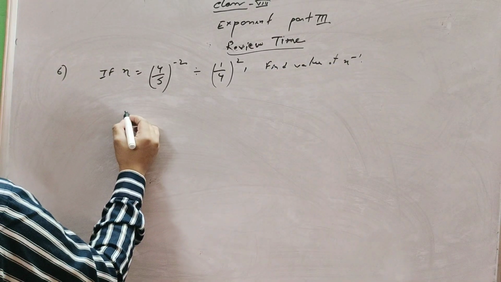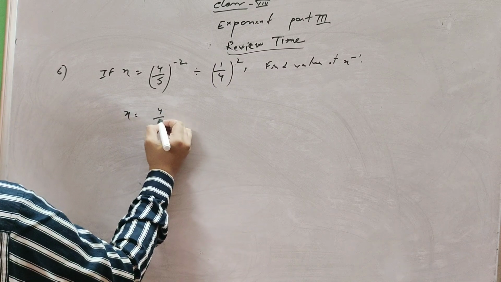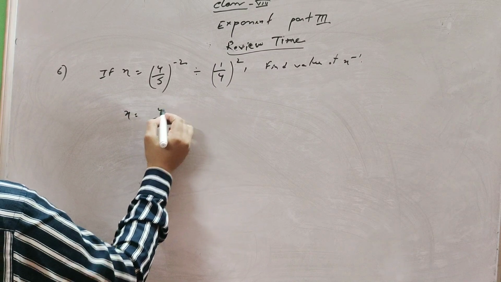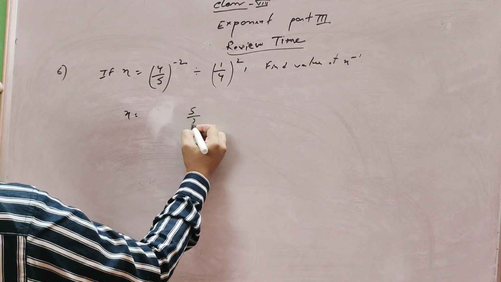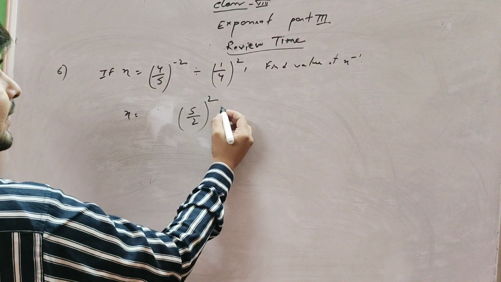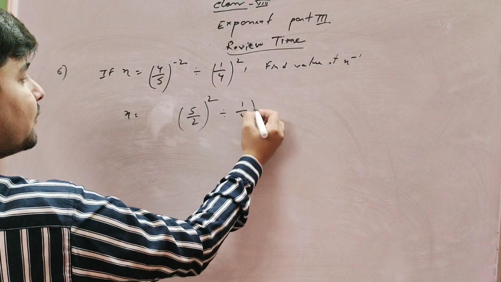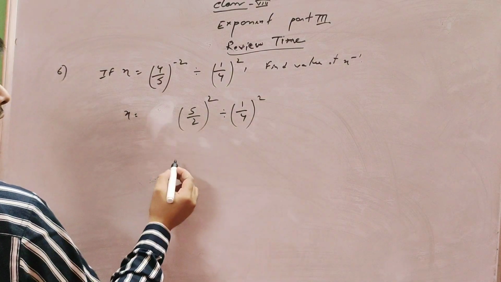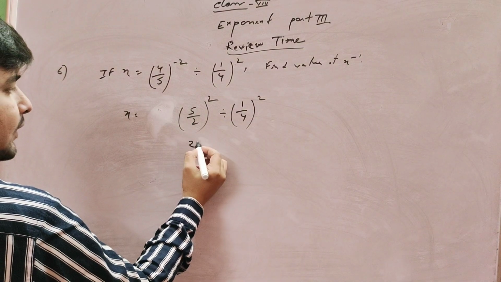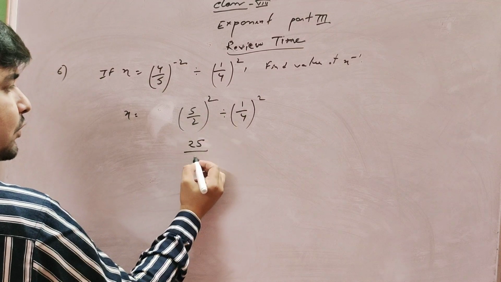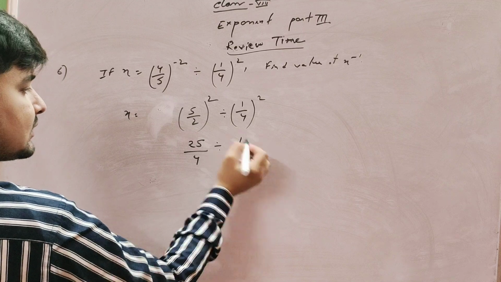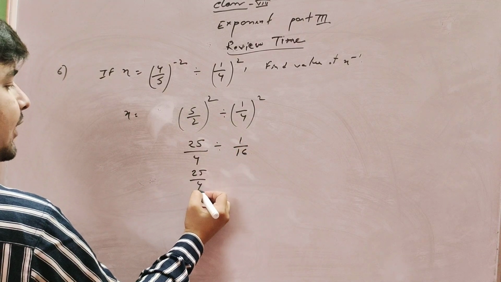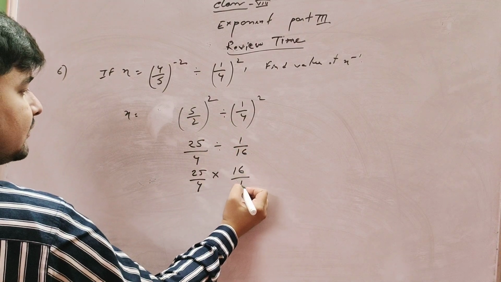So it's x equals to 4 upon 5 to the power minus 2. That means when we write in the plus form, that is 5 upon 4 to the power square divided by 1 upon 4 to the power 2. 5 square means 25, 4 square means 16, and 1 square is 1. So it's 25 upon 16 into 16 by 1.